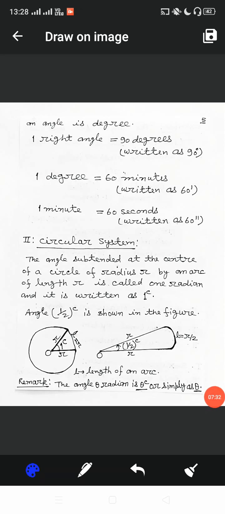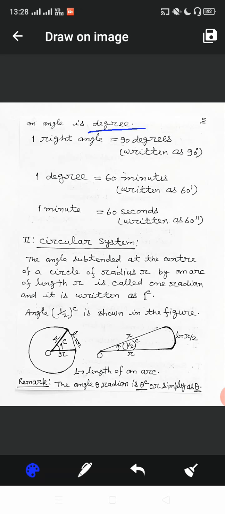an angle is degree. An angle is called a right angle when its terminal side and initial side are perpendicular to each other. If a right angle is divided in 90 equal parts, then each part is called a degree. 1 degree is divided in 60 equal parts and each part is called a minute. 1 minute is further divided in 60 equal parts and each part is called a second.